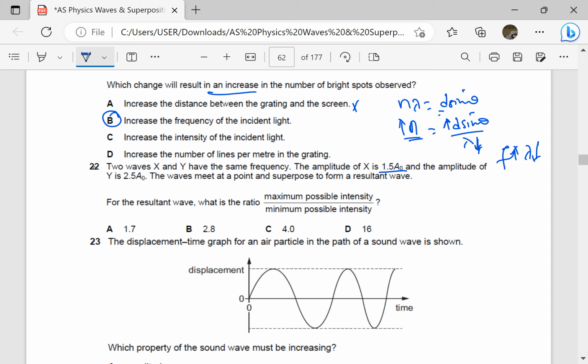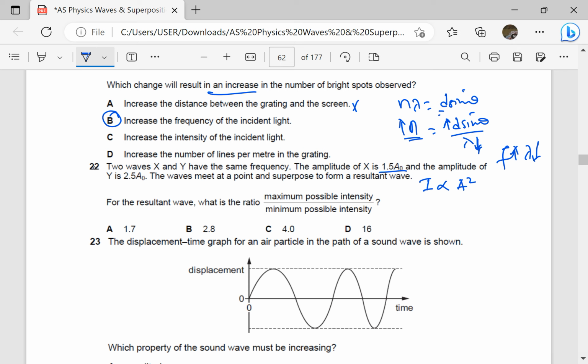So two waves x and y have the same frequency. The amplitude of x is 1.5 a0 and the amplitude of y is 2.5 a0. The waves meet at a point and superpose. So for maximum possible intensity, remember intensity is directly proportional to amplitude squared.